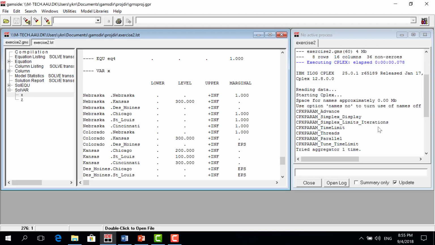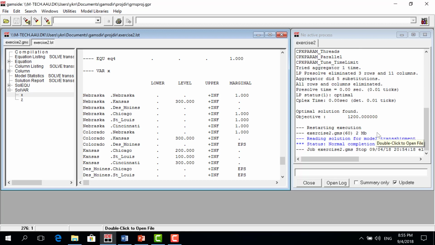Here we have CPLEX, IBM ILOG CPLEX, means this problem solved by using IBM ILOG CPLEX solver, but you can choose whatever solver you prefer. But in this case, we are using CPLEX, and the optimal solution in 1,200 means the total cost of delivery is about 1,200.